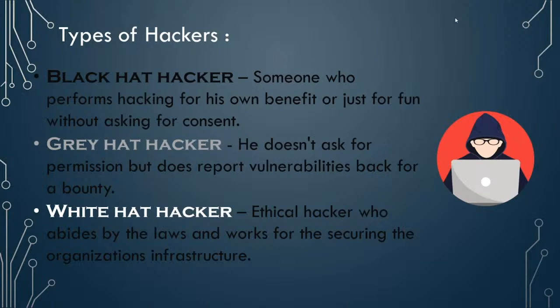Now, in between white hat hackers and black hat hackers, there's someone else known as a gray hat hacker. As the name itself suggests, these people have qualities of both a black hat and a white hat hacker. Like a black hat hacker, they don't ask for permission before finding vulnerabilities. But once they find a vulnerability, like a white hat hacker, they report it back to the organization. They don't take advantage of it, they don't exploit it and try to attack the system, but they report it back so that they can help the organization.